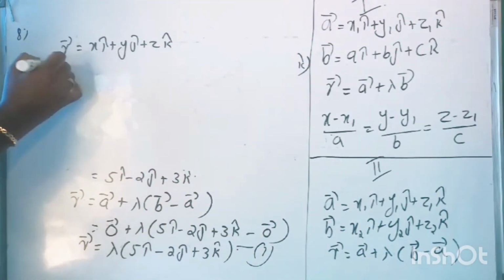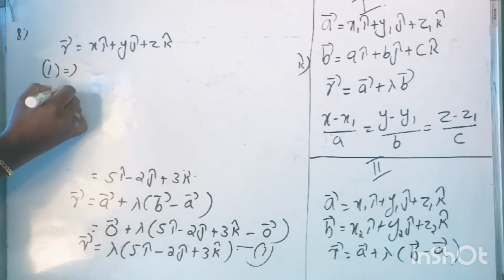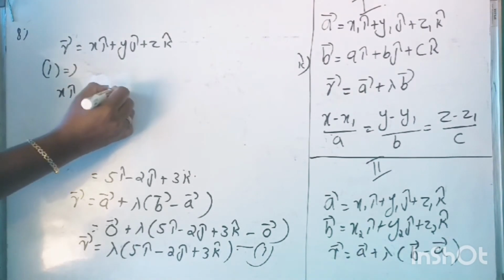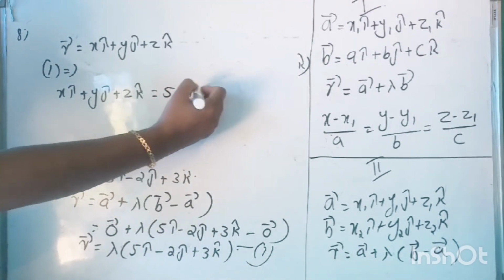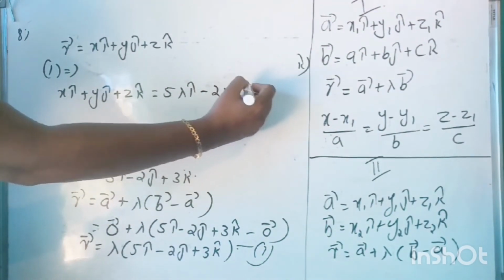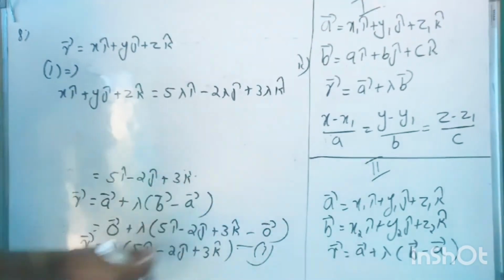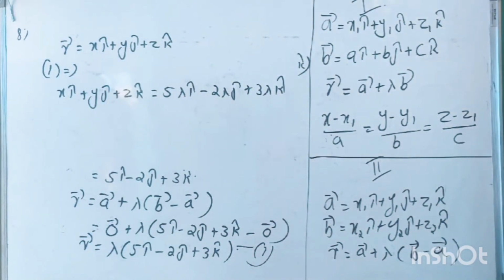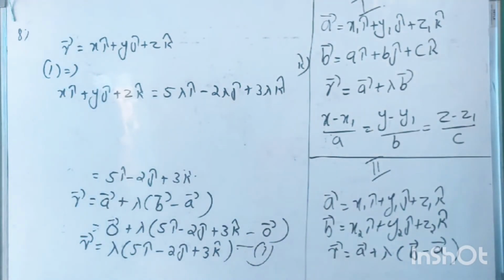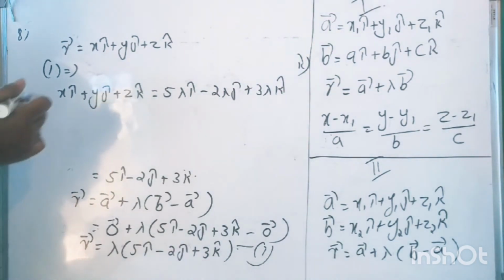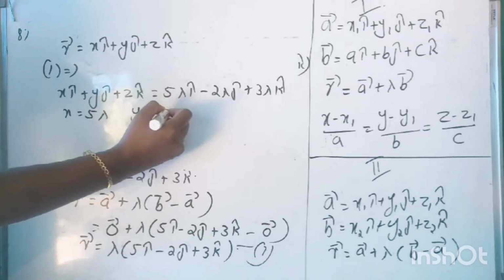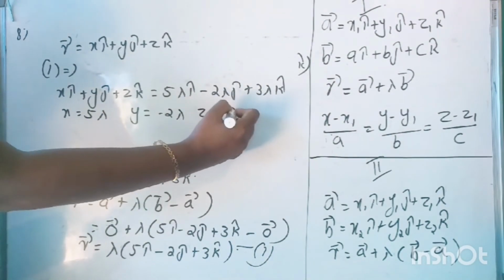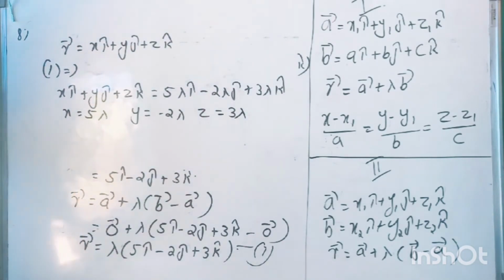Equation number 1 implies we will get xi plus yj plus zk is equal to 5 lambda i minus 2 lambda j plus 3 lambda k. Just multiply all the components with lambda. Now just compare the corresponding components, then we will get x is equal to 5 lambda, y is equal to minus 2 lambda, and z is equal to 3 lambda.